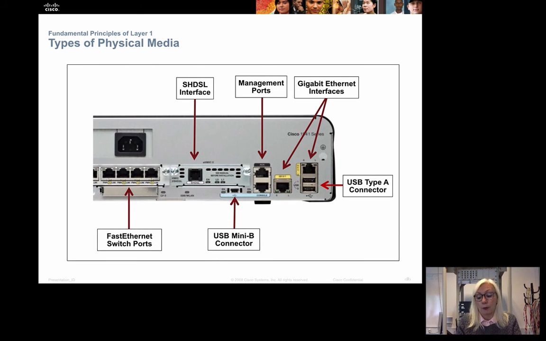But we can see, if you look on the back side or on the front side of our different devices, that we can connect different types of cables. We can have Ethernet interfaces where we connect physical copper cables like this. We can have USB, we can have different serial interfaces and so on. So it depends on what kind of a device we have.